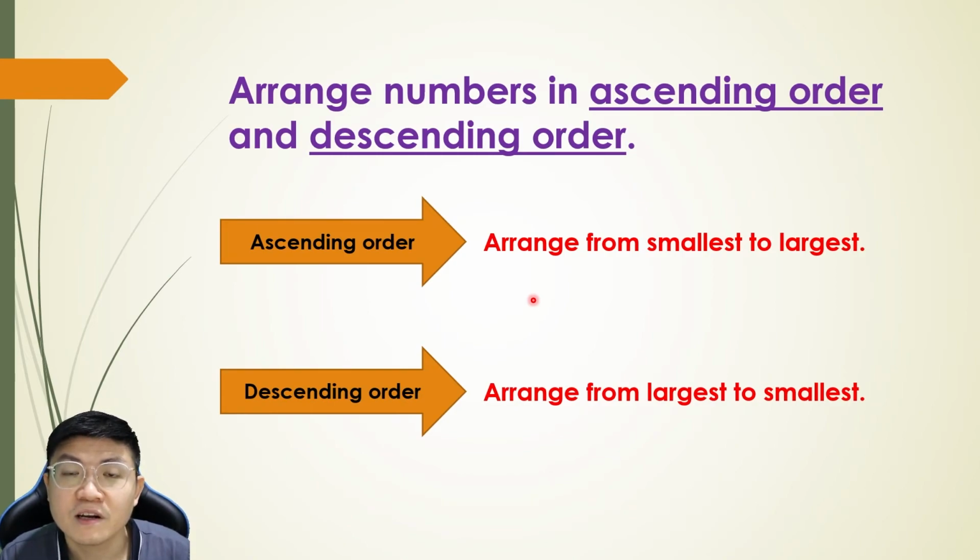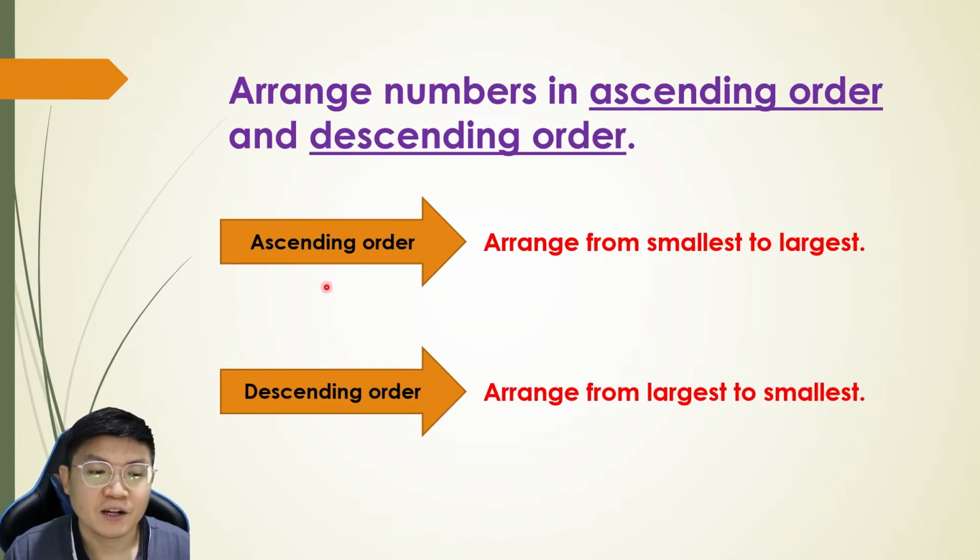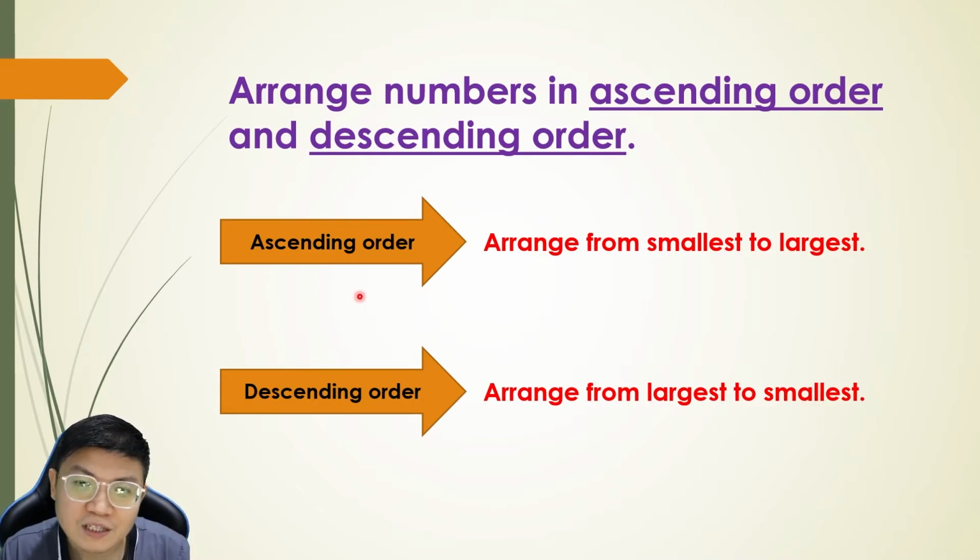If you really forget how to differentiate between these two orders, you can look at the name. One is starting from A, the other starting from D. If you remember A, B, C, D, you are starting from the beginning, right? So actually ascending order, you start from the lowest to the largest. If you remember ascending, definitely the other way is going down.